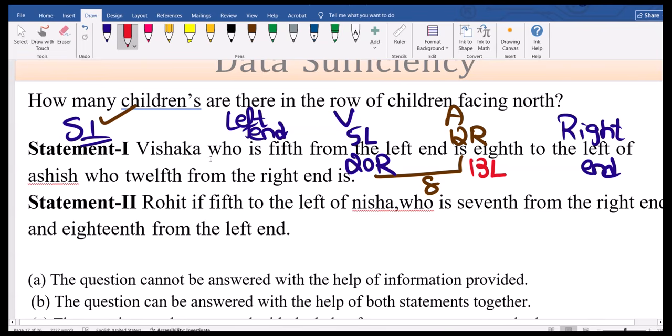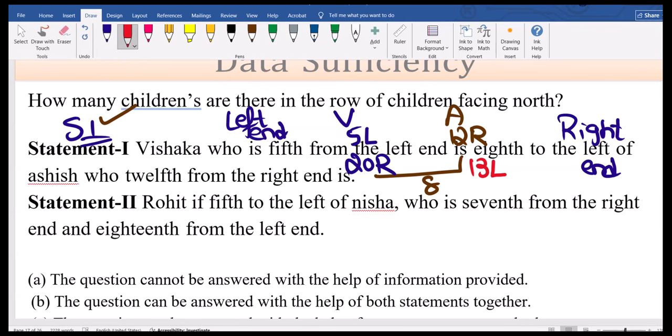Now statement 2 alone. Rohit is 15th to the left of Nisha. Nisha is 7th from the right end, 18th from the left end. So 2 alone is also okay. Rohit is just given for confusion, so no need of that.